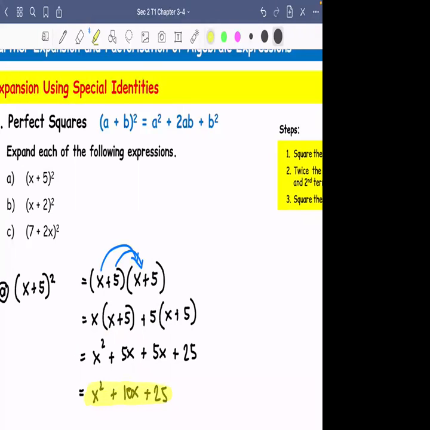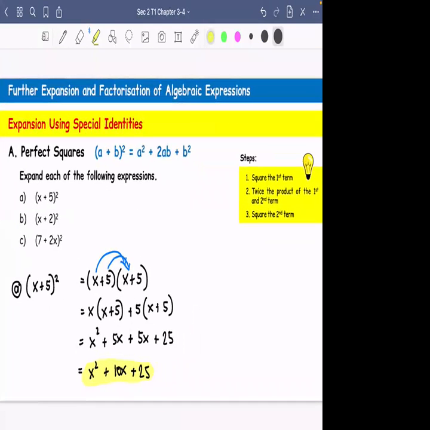If you want to use this long method, this is totally fine. This is correct. But if you follow these steps right here that I made, it's basically the shortcut of this thing right here. This is what you just need to remember. So let me divide this.